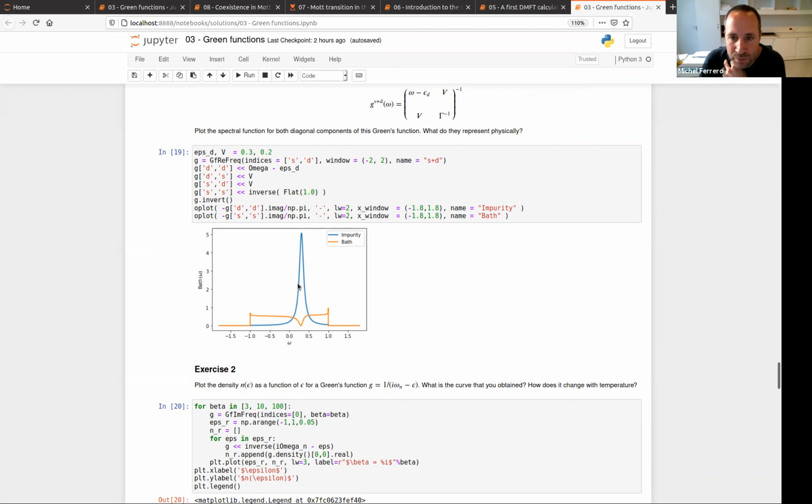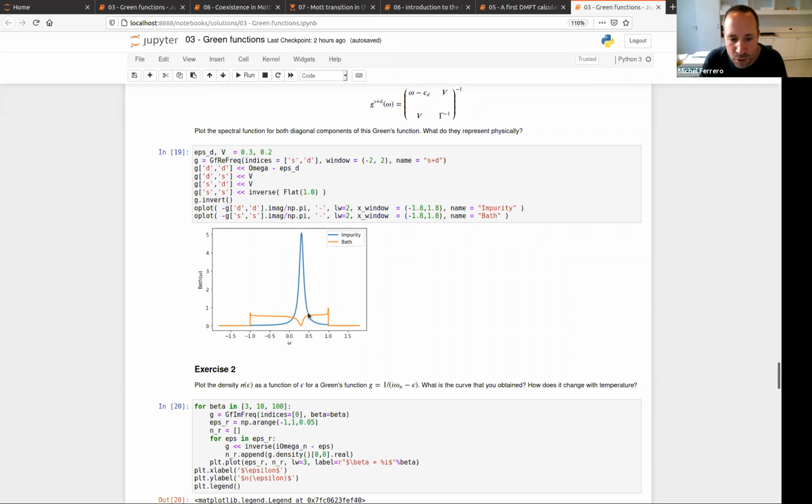And you see, if V was zero, if there was no connection between the impurity and the bath, this would be a delta peak, as we discussed. But because there's a scattering process that lets the electrons go back and forth into the bath, they acquire a finite lifetime, and this is translated by a broadening of this delta peak.